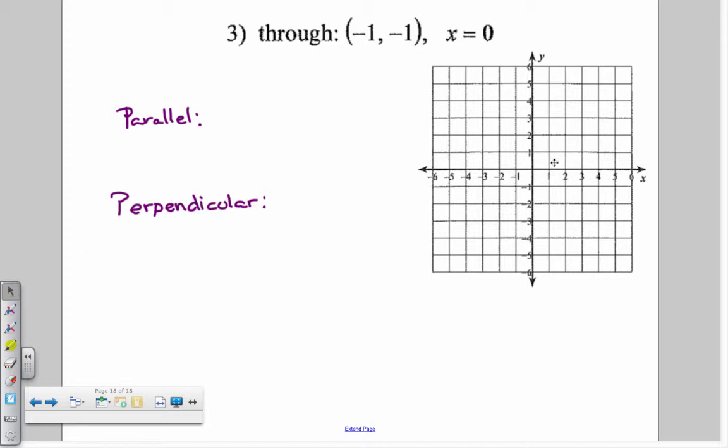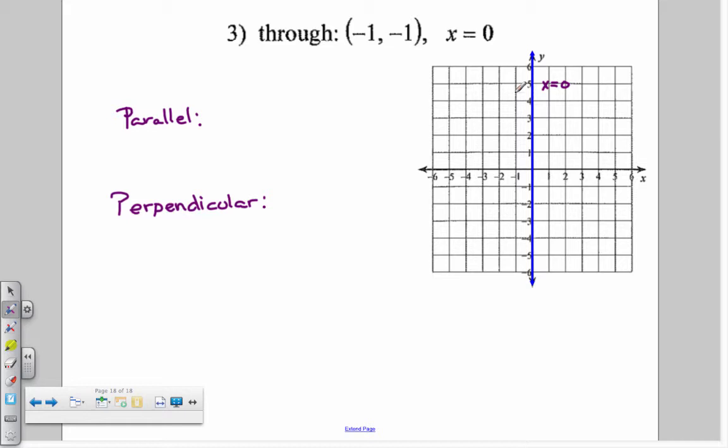So let's go ahead. I'm going to go ahead and graph line x equals 0. So there it is. The blue line is the line x equals 0. So let's go ahead and label that real quick. Now this is a vertical line going through 0 or the origin. It's the same as the y-axis. So the y-axis could also be written as the line x equals 0.